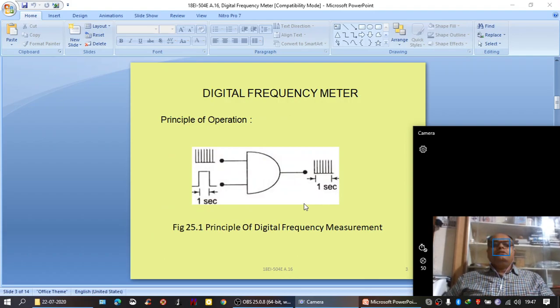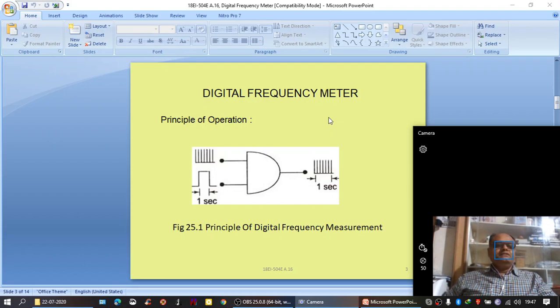The principle of operation of a digital frequency meter is quite simple. Basically, what is frequency? Frequency of a signal or of a waveform is nothing but the number of cycles of the signal or the waveform per 1 second.